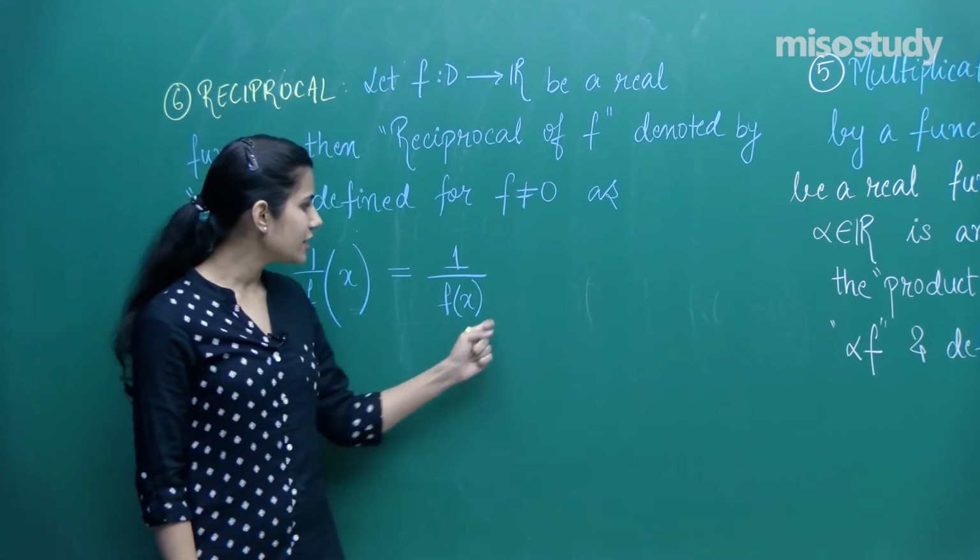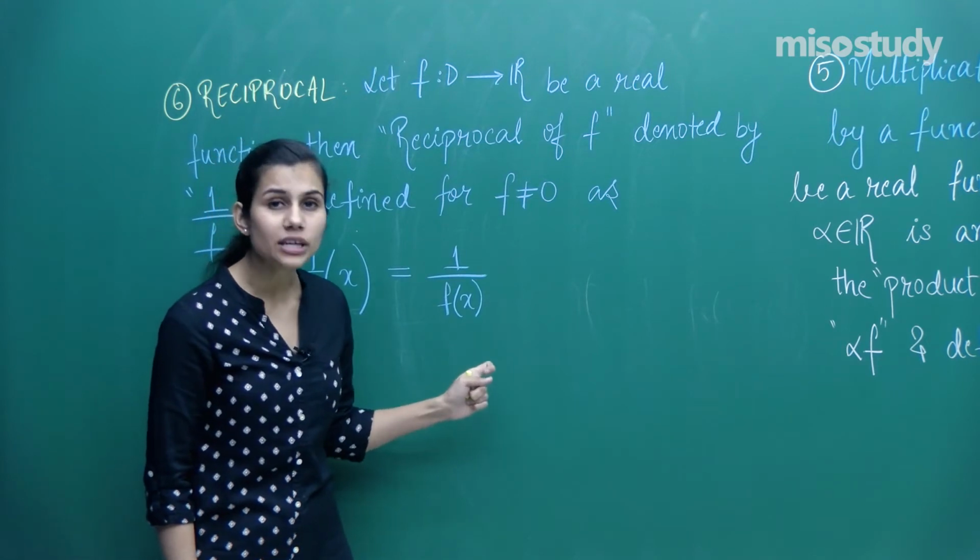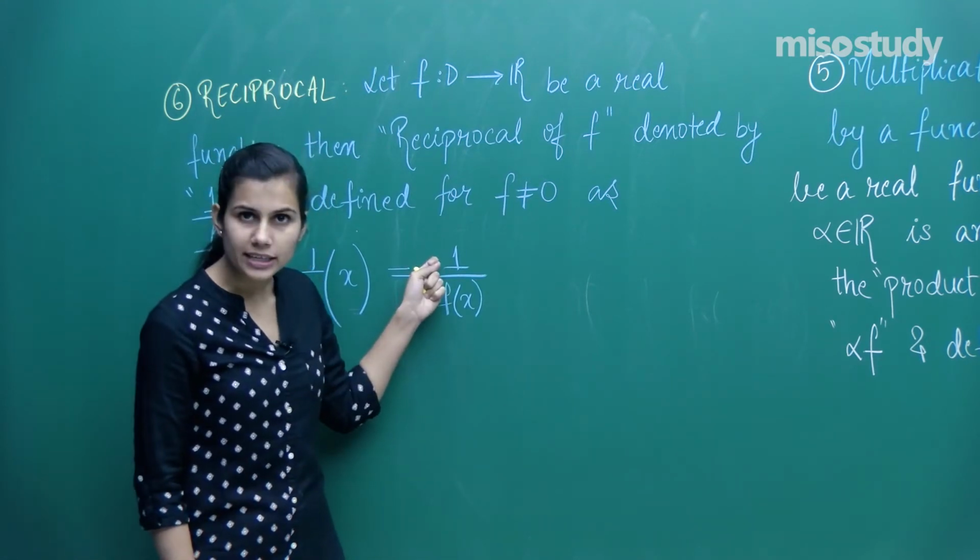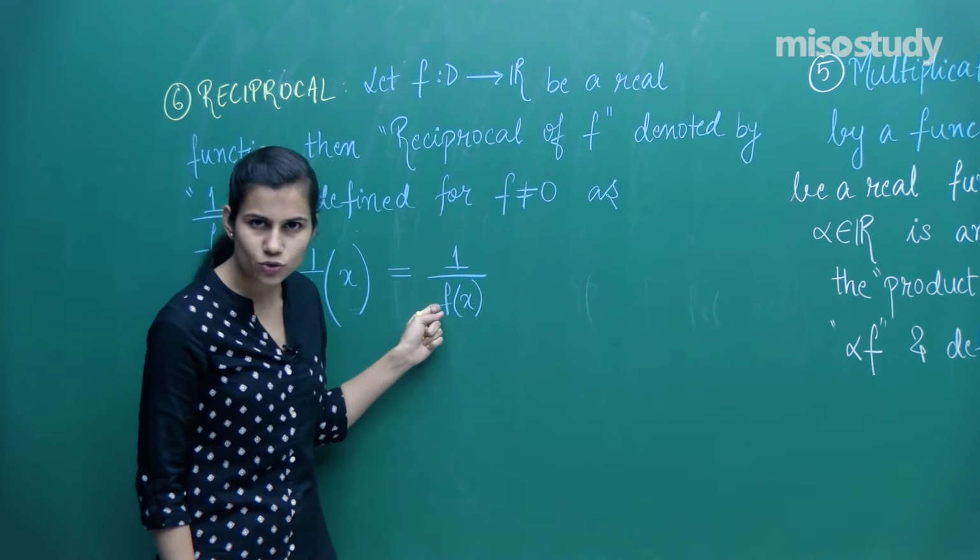Now, if I wish that 1 upon f of x is a real number, 1 is already real, I just want fx to be real.